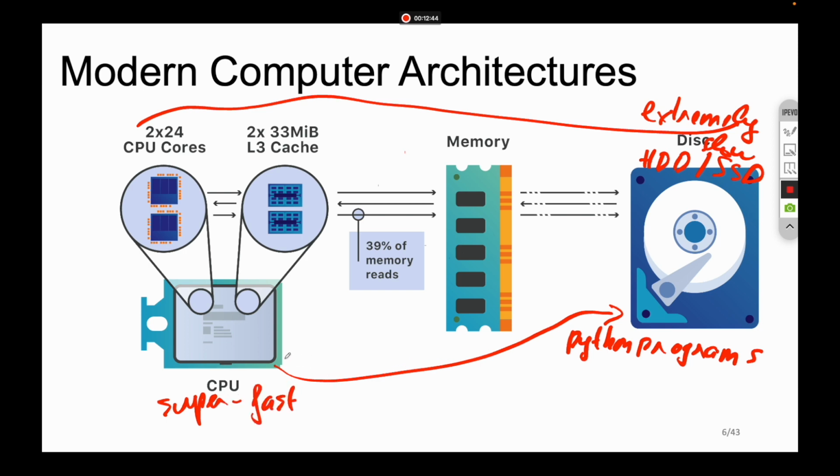So if we allow the CPU to directly chew through the data in the HDD or SSD, you will waste a lot of time and a lot of CPU resources, because when the CPU finishes something, we have to wait for the data to move from the HDD to the CPU.